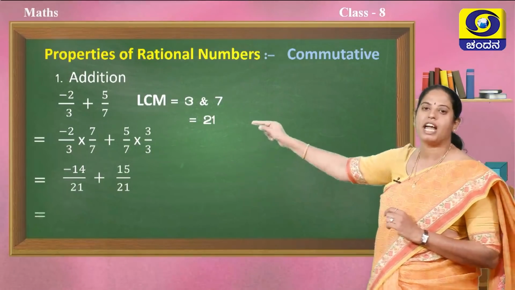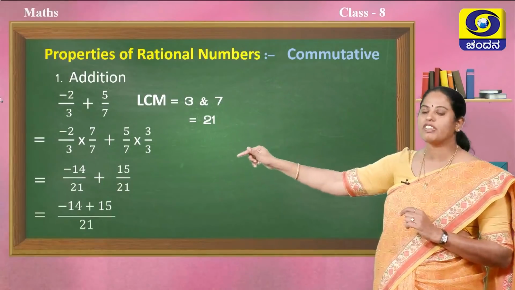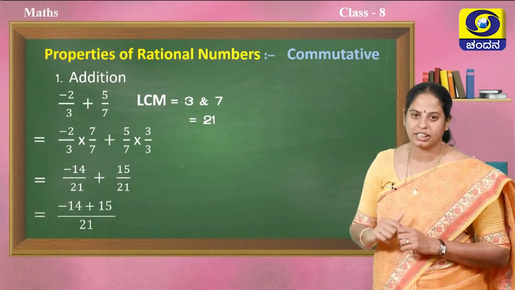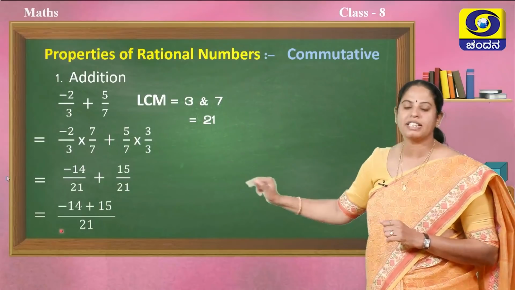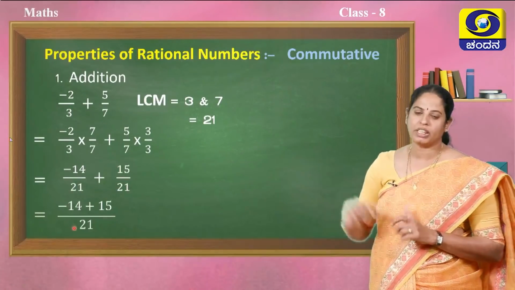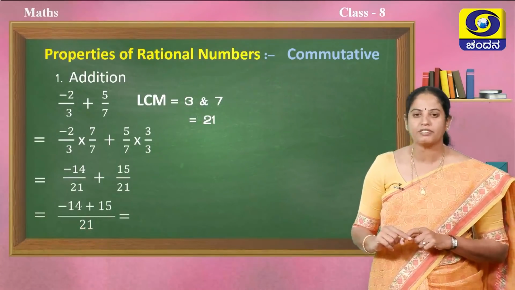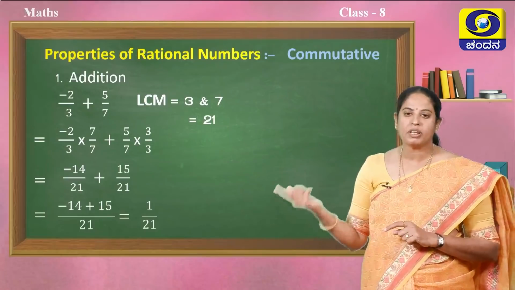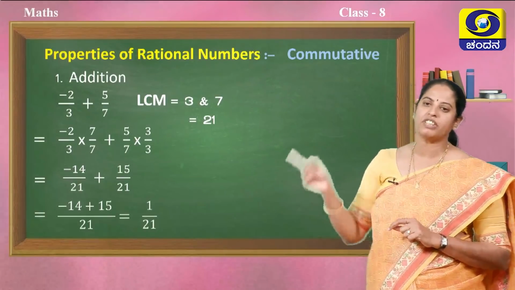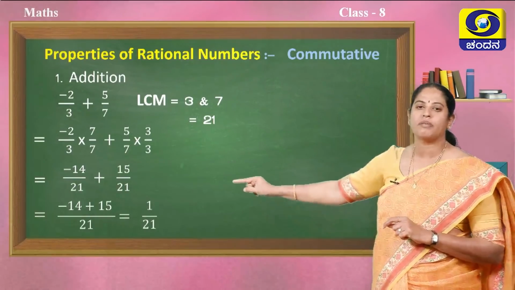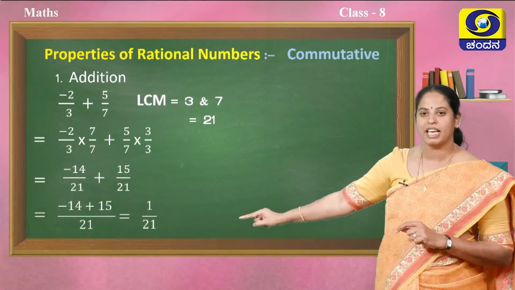For this, I have multiplied the first fraction with 7 and the second one with 3. Now, taking 21 as common, if I add the numerators, what am I getting? The first numerator is -14 and the second numerator is +15. When +15 is added to -14, I am getting 1/21 as the answer.